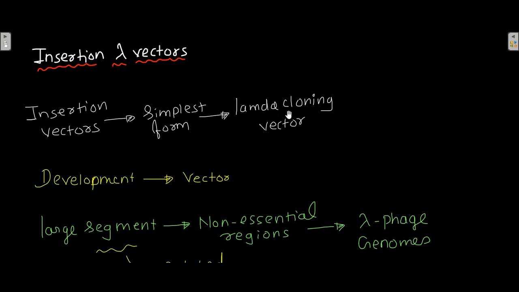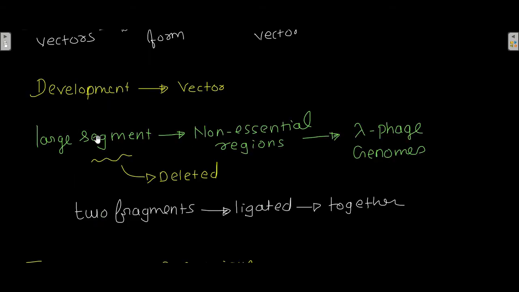During the development of an insertion vector, a large segment of the non-essential region of the lambda phage genome is deleted, and the two fragments that were produced are ligated together.